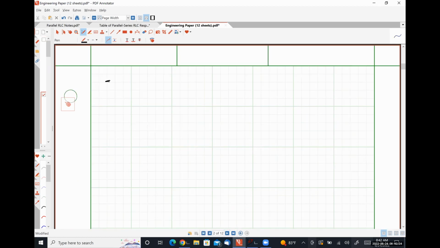So s1 will come out to be negative R over 2L plus the square root of R over 2L squared minus 1 over LC, which we'll call negative alpha plus the square root of alpha squared minus omega naught squared.